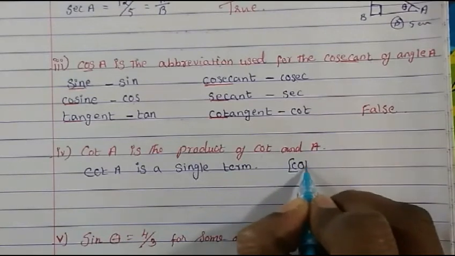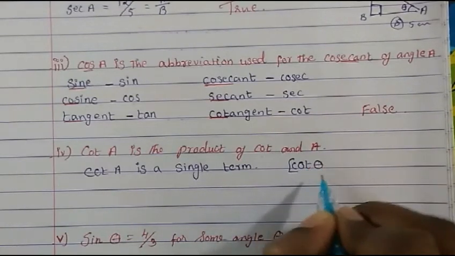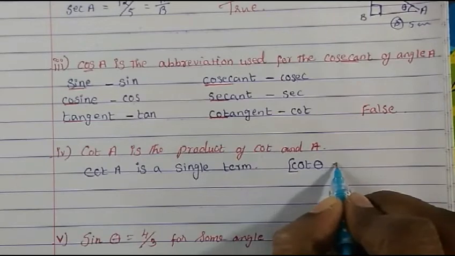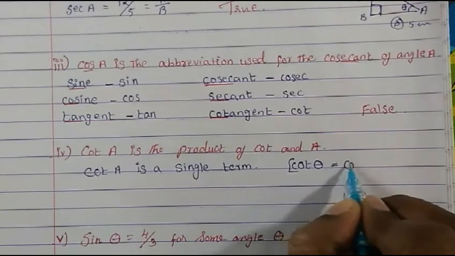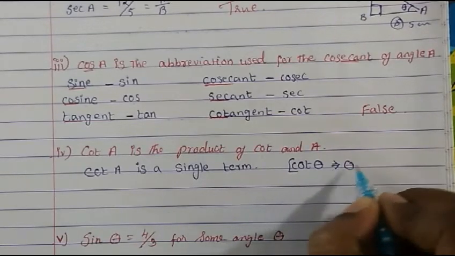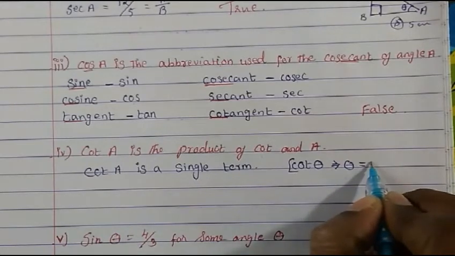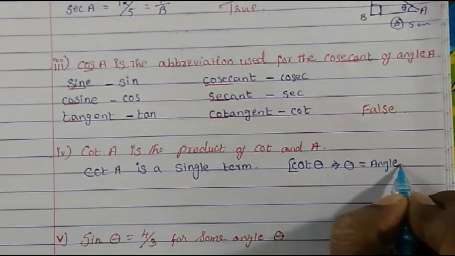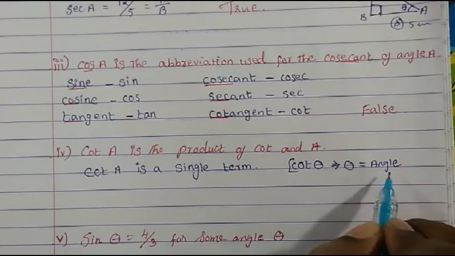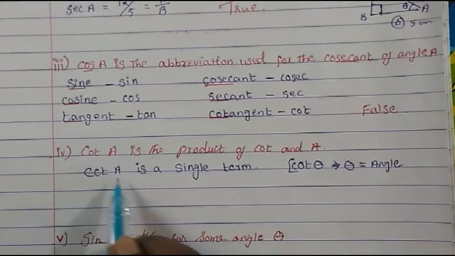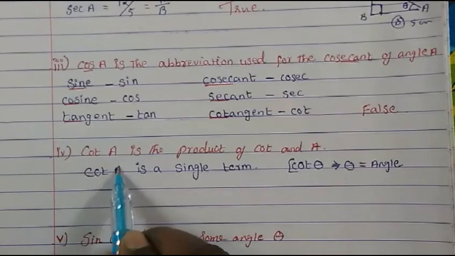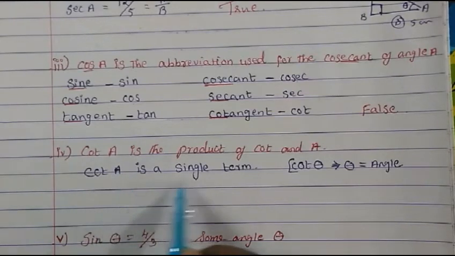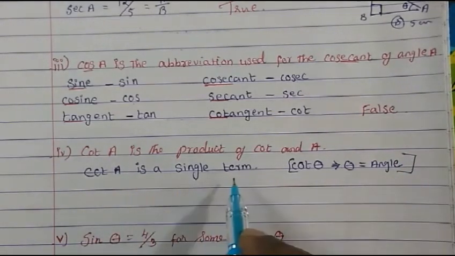Cot theta, and theta is an angle. So cot A means cot of angle A. Okay, so this is a single term.